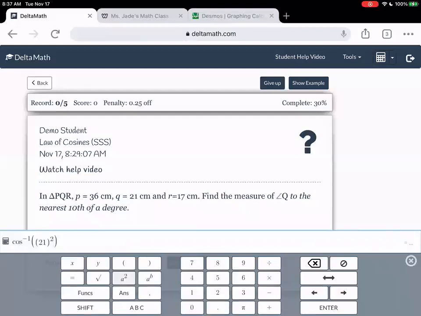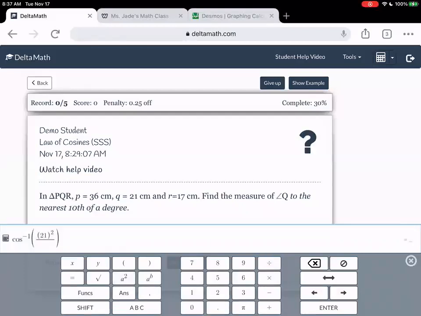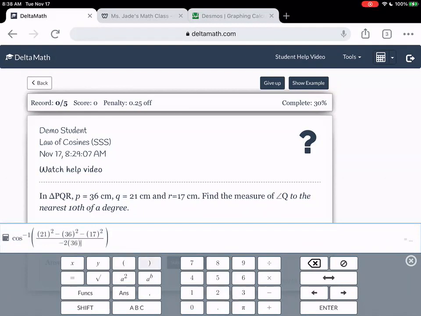I think I'm going to put the fraction here first so that I could type like that. Okay, 21 squared minus 36 squared minus 17 squared, and then put that all over the negative 2 times 36 times 17.